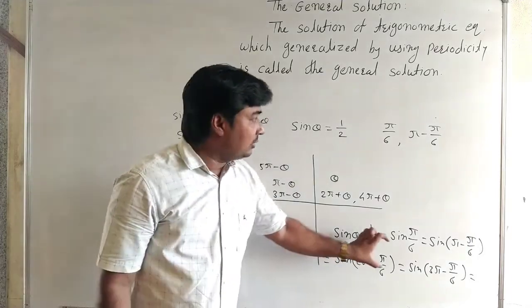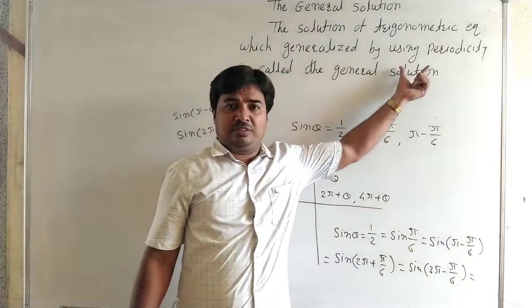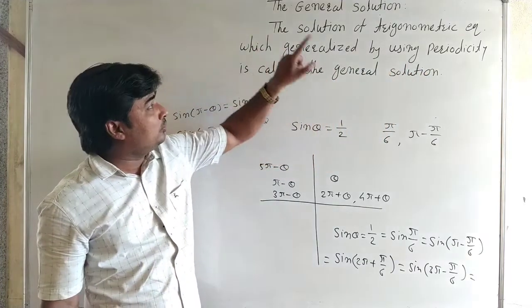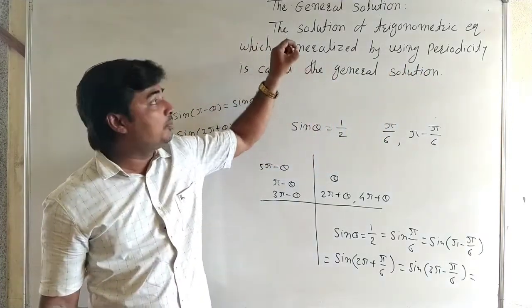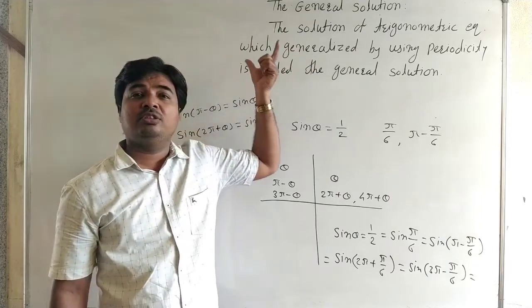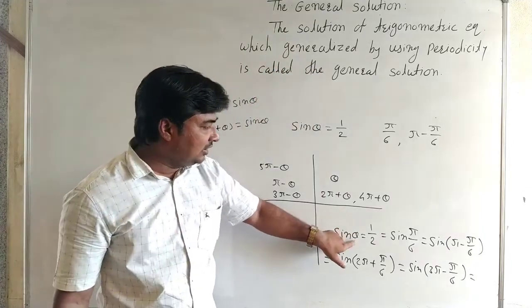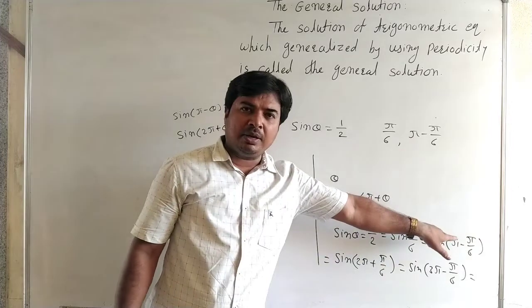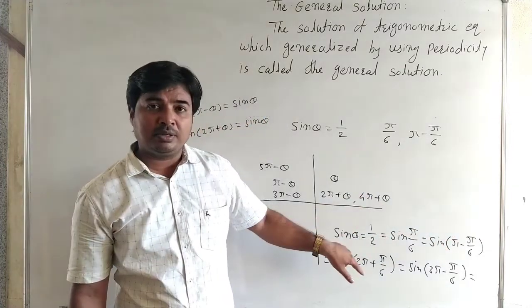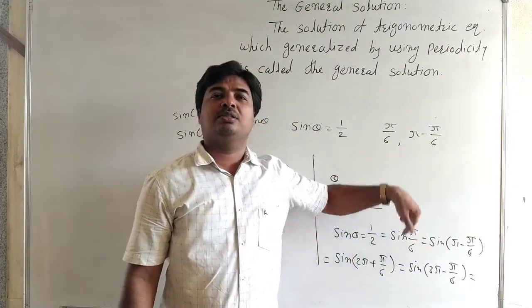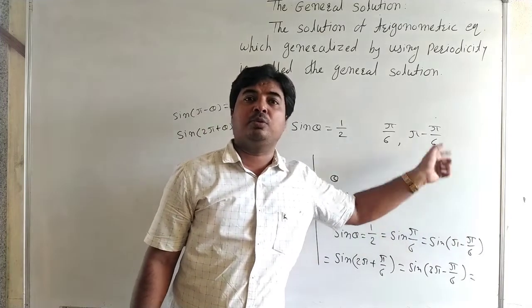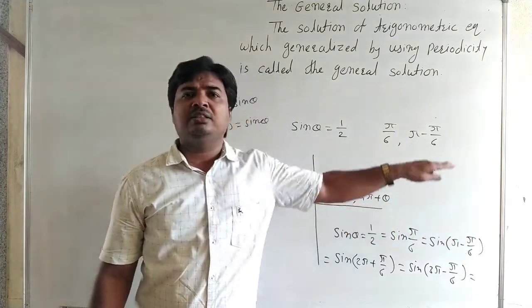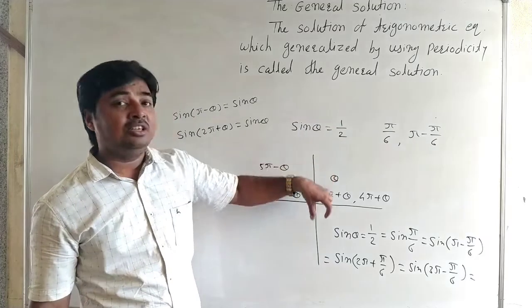In this way there is periodicity. The solution of the trigonometric equation which is generalized by using periodicity is called the general solution. Here theta is equal to pi by 6, pi minus pi by 6, 2 pi plus pi by 6, 3 pi minus pi by 6, 4 pi plus pi by 6, 5 pi minus pi by 6, like that in periodicity. It is a general solution.